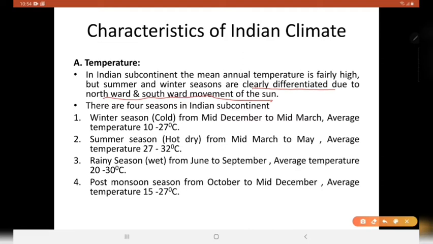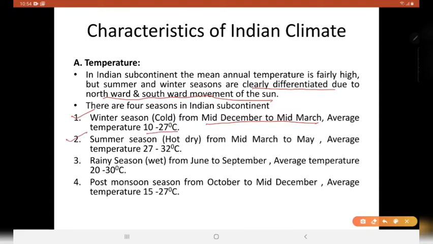There are 4 seasons in the Indian subcontinent. The first one is the winter season, which is the cold season and extends from mid-December to mid-March, and the average temperature of this season remains between 10 to 27 degrees centigrade.